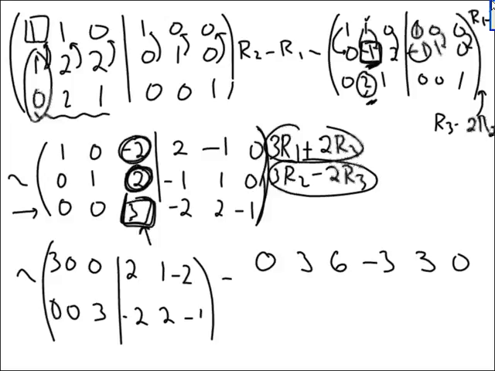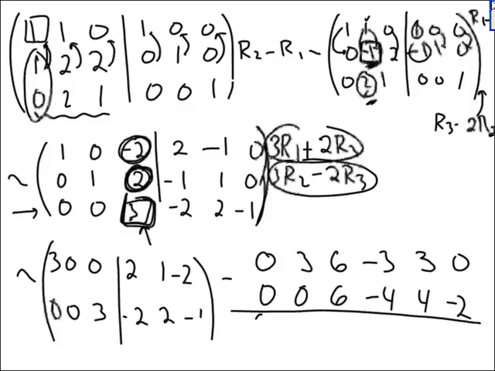And I'm going to take away twice row 3. 2 times 0, 2 times 0, 2 times 3, 2 times negative 2, 2 times 2, 2 times negative 1. And when I subtract, I get these results. Okay, 0, 3, 0, 1, negative 1, 2.